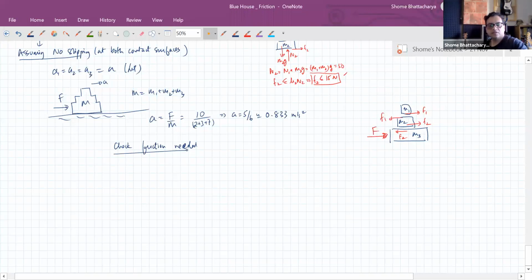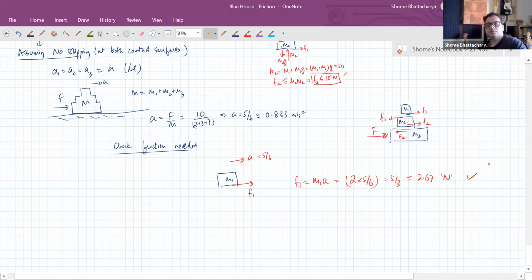So now you start by taking M1's free body diagram. On M1, there has to be just one horizontal force F1 acting like this, which is giving it this acceleration which we have calculated, 5 by 6. So F1 needs to be how much? M1 A. M1 was 2 kg, so 5 by 3, or 2.67 newtons.